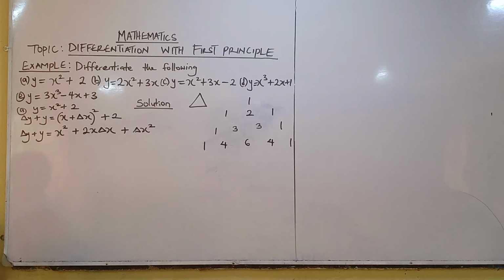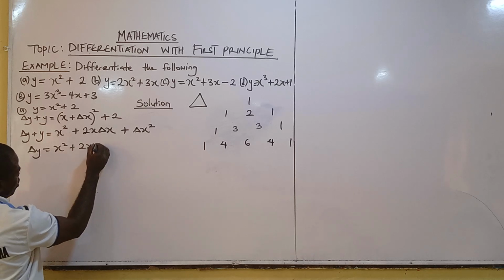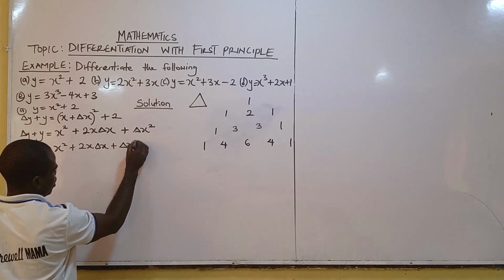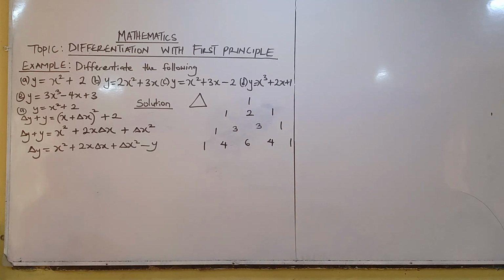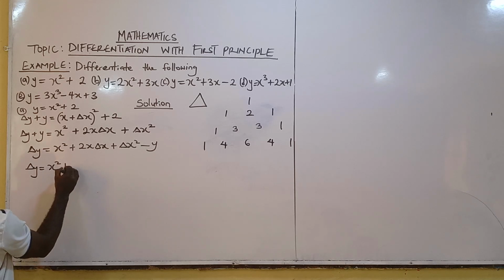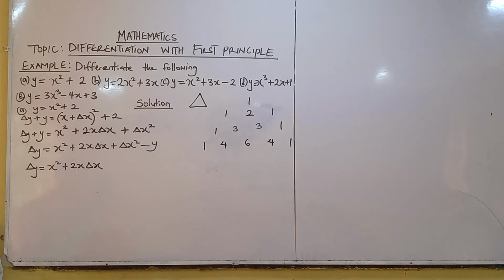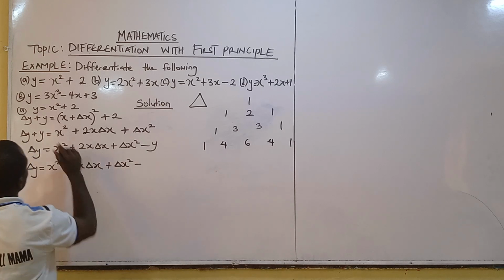X squared plus 2. Now the y equals x squared plus 2x dx plus dx squared minus y. What's our y? This is our y. Now the y equals x squared plus 2x dx plus dx squared minus, what's our y?